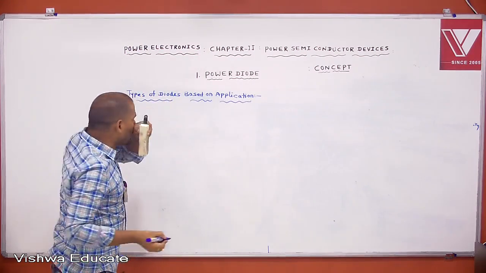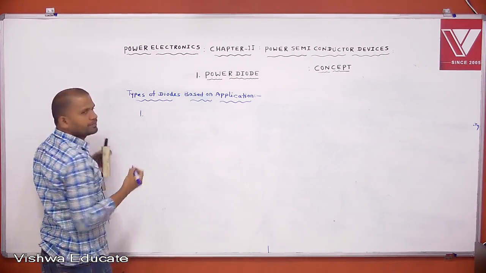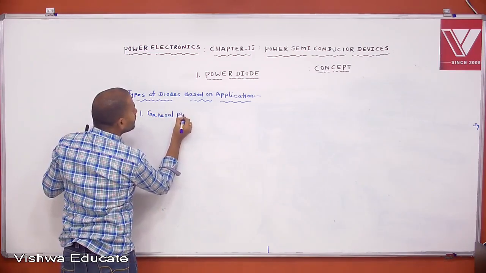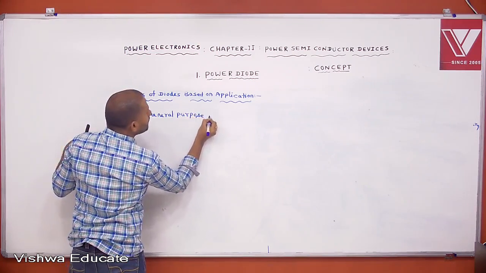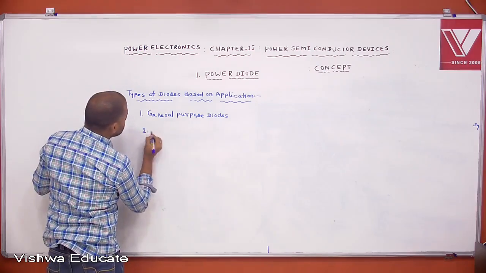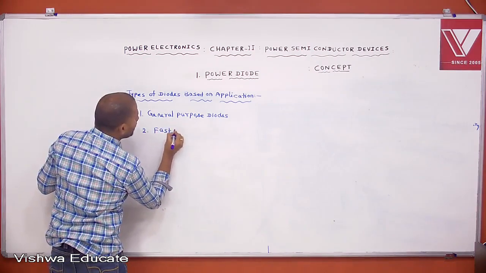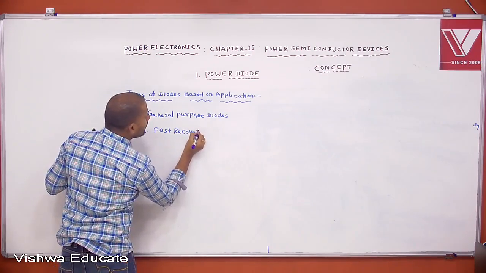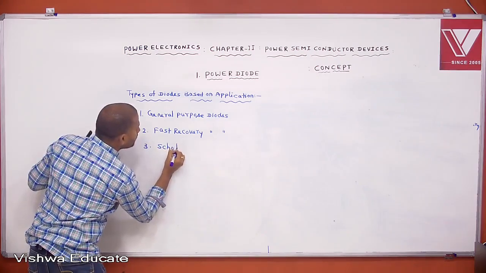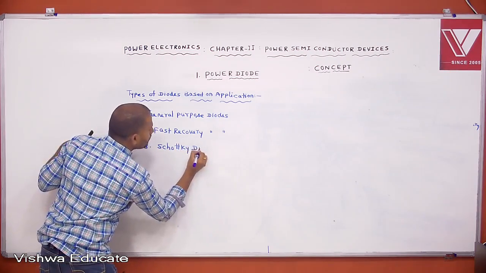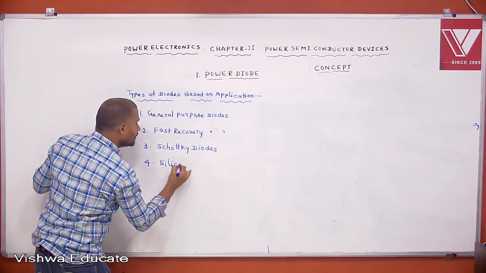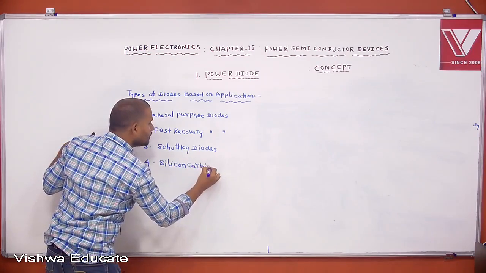Based on application, the diodes are mainly classified into general purpose diodes, fast recovery diodes, Schottky diodes, and another one is silicon carbide diodes.